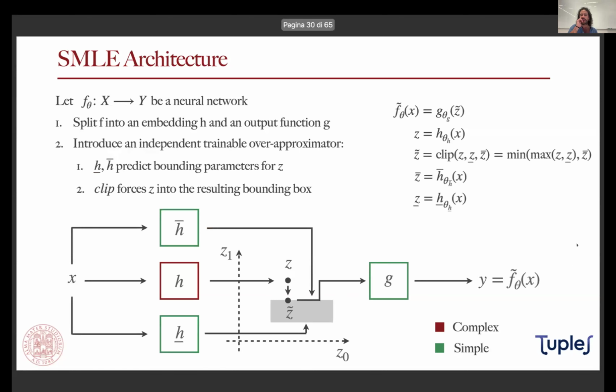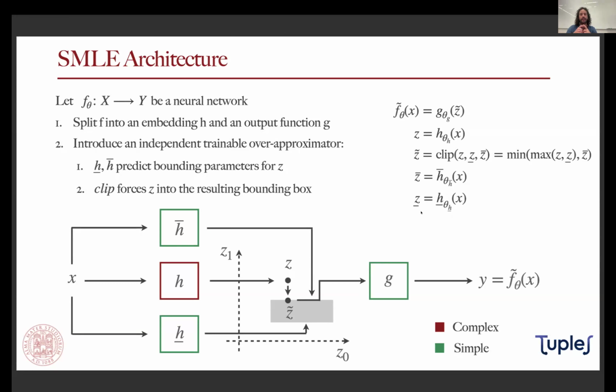Now, at this point, we introduce a trainable and independent over-approximation mechanism into the latent space. So essentially, we equip our neural network with two auxiliary models, H lower and H upper, plus a clipping operator. The auxiliary models try to predict the bounds of a box bounding Z in the latent space, okay?